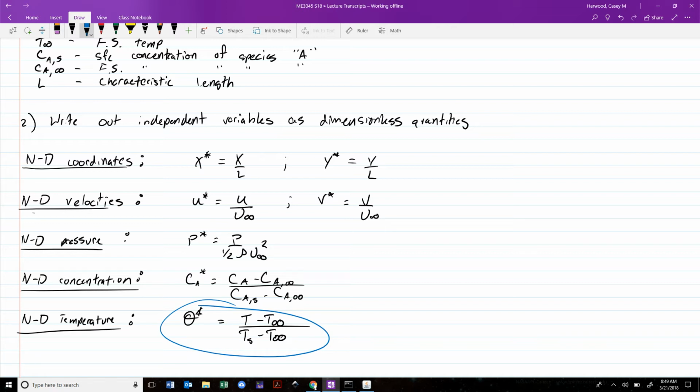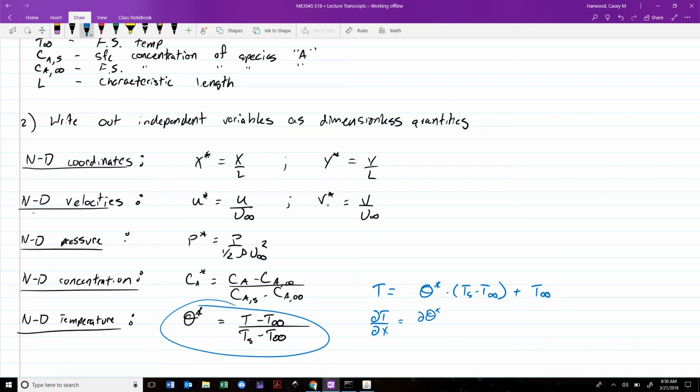We could write our dimensional temperature as T is equal to this theta star times Ts minus T infinity plus T infinity.